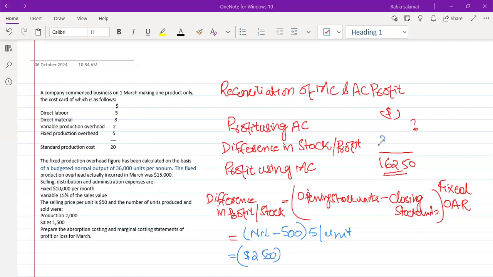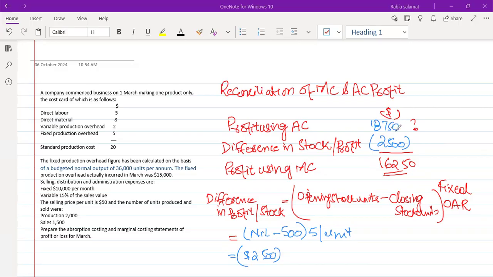I will put this difference in profit figure here. This is negative. When I move backward, it will add to 16,250 plus 2,500. You will get 18,750.